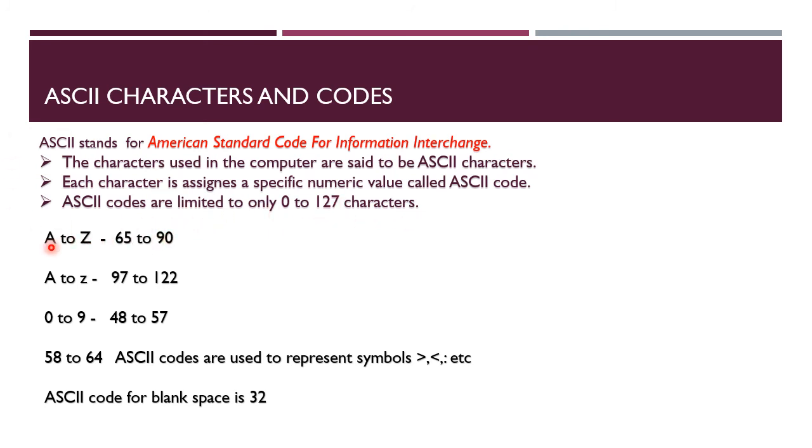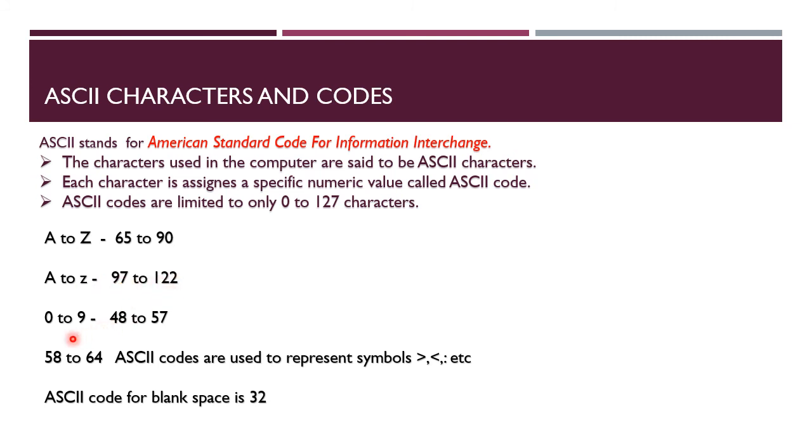You have the alphabets A to Z. How many alphabets do we have? 26 alphabets. From capital A to capital Z you have the corresponding ASCII codes from 65 to 90. For small letters, small a to small z, you have the ASCII codes 97 to 122.